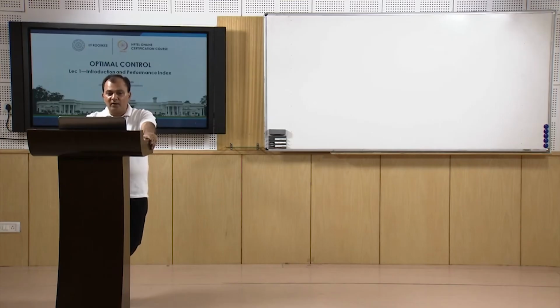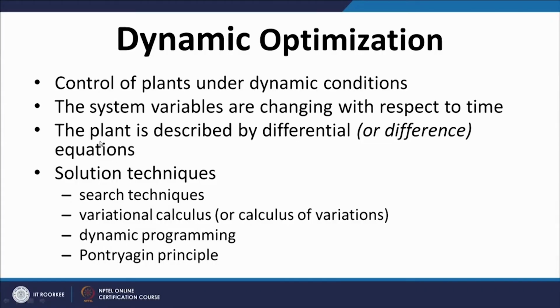So, we are controlling the plant under dynamical conditions, system variables are changing with respect to time, and the plant is described by differential equations. If we have a continuous time system, we have differential equations, and if we have a discrete system, then we have difference equations.